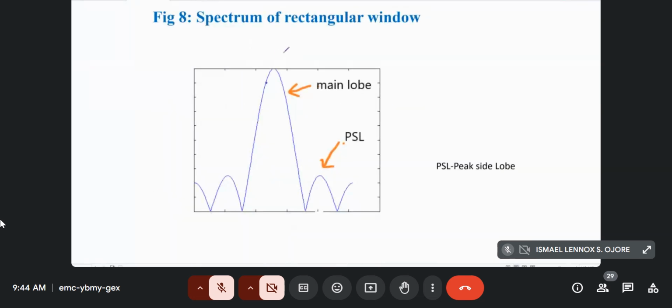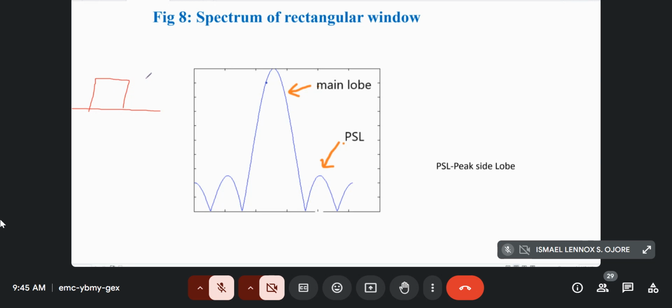This is the spectrum of the rectangular window, the window we are going to use. Remember, we have a rectangular window, w(n). We have a rectangle in one domain, but it gives you the sinc in the other domain.